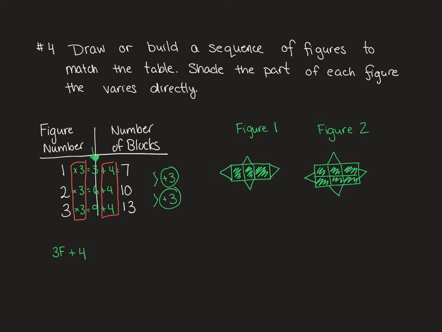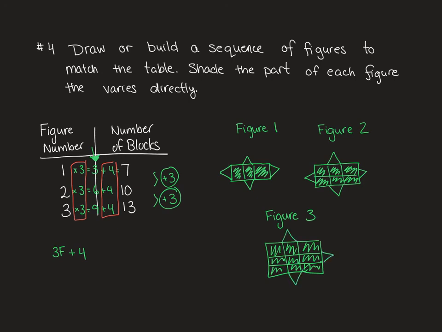Okay? And then for figure 3, I need 3 groups of 3 that are shaded. And then I will need my unshaded triangles to go on the outside.